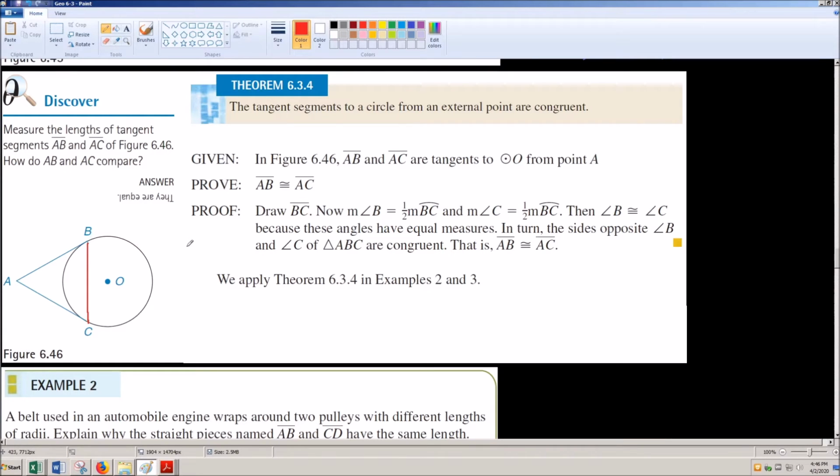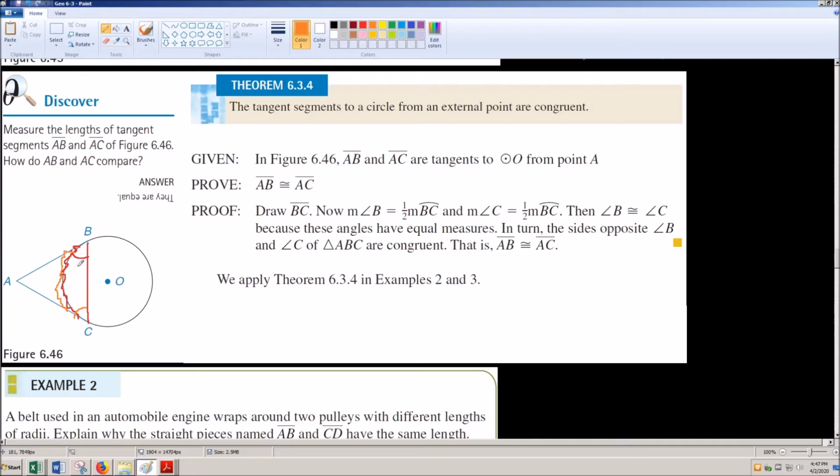So now when we look at this thing, angle B is going to be 1/2 this BC arc. So this angle here is 1/2 that arc measurement. Likewise, I want to talk about angle C, and that's going to be 1/2 of the same arc measurement. So what does that mean about those two angles?